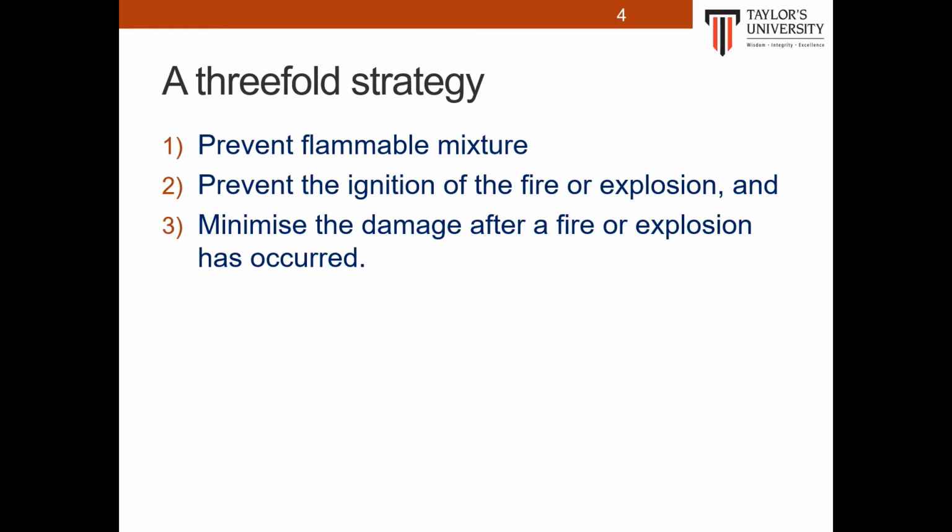Or we prevent the ignition of the fires or explosions, meaning we prevent it at the source. The next thing is, if we can't prevent the first two, then our job as an engineer is to look at the potential to minimize the damage after a fire or explosion has occurred.